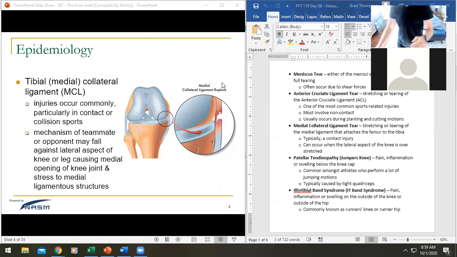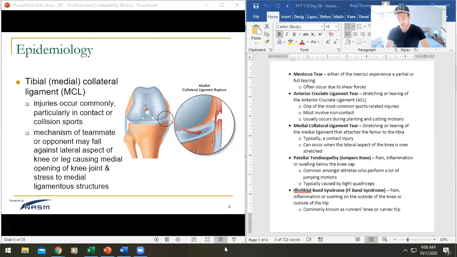It's very similar to, go to the other side of the body, that lateral ankle sprain we talked about yesterday. When somebody rolls their ankle like this, they're overstretching the outside. Well, if you cave my knee in like this, I'm overstretching my inside. And so that's what often happens in MCL tears. Fairly common there, but usually commonly associated with contact injuries. You're not going to see too many people doing this kind of motion without getting hit.